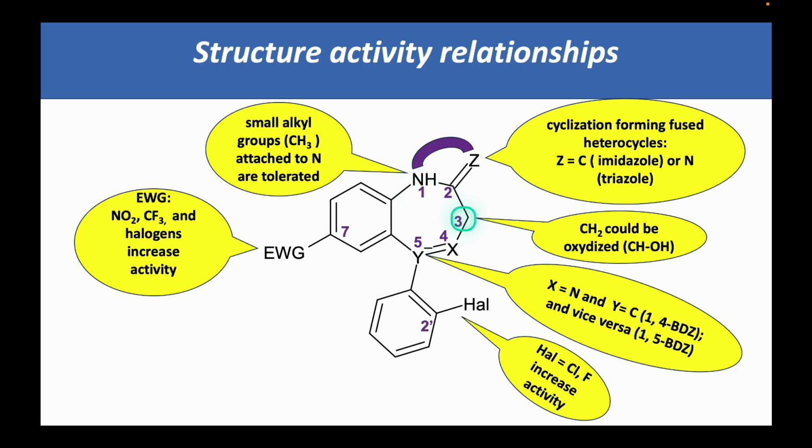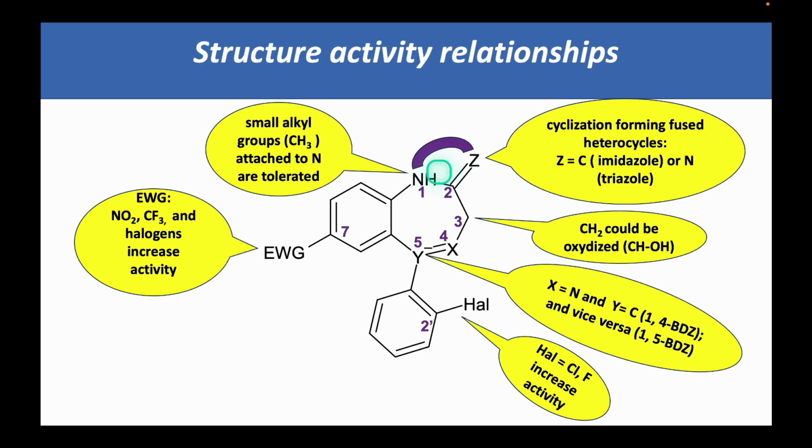The methylene in position 3 can be oxidized. X and Y represent carbon and nitrogen atoms that can swap these positions to give rise to 1,4-benzodiazepines or 1,5-benzodiazepines.